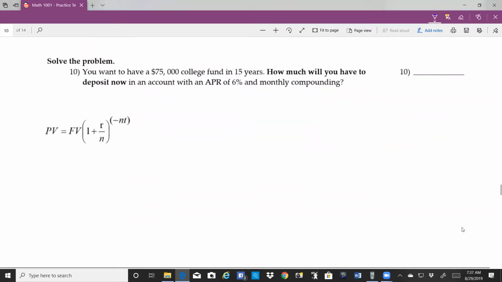Now, the same formula can be turned around if you desire some future value. The way to calculate the present value, which is the amount you'd have to put in the bank to get some future value, is this formula. And you want to have $75,000 in the fund in 15 years.